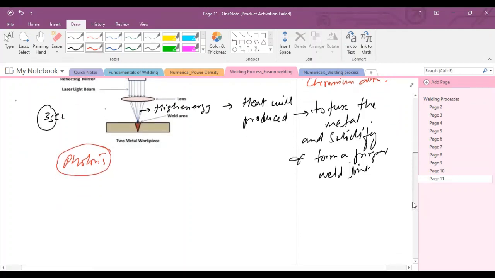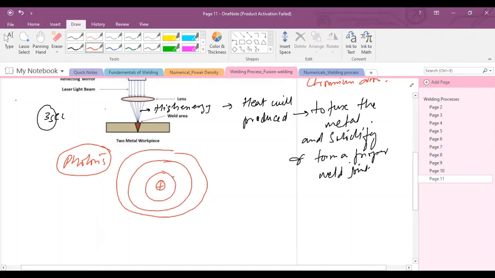And what exactly happens inside these excited atoms? As you know, there is a nucleus, and outside the nucleus there are some energy levels. The orbit which is very close to the nucleus has high energy electrons, and the electrons in the last orbit have low energy.